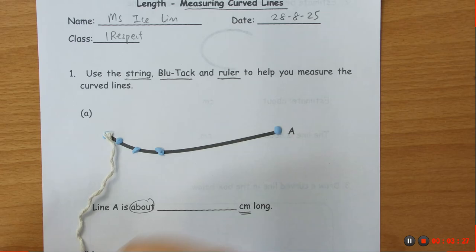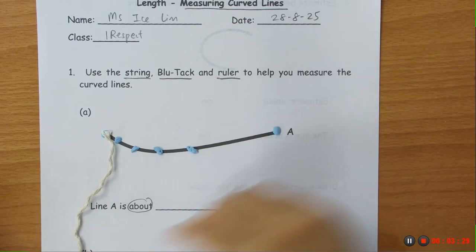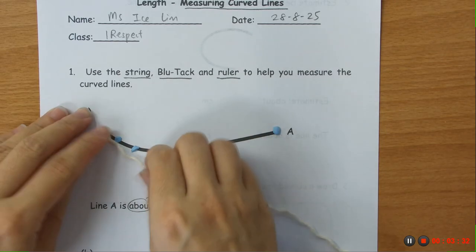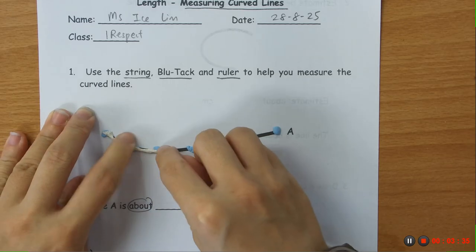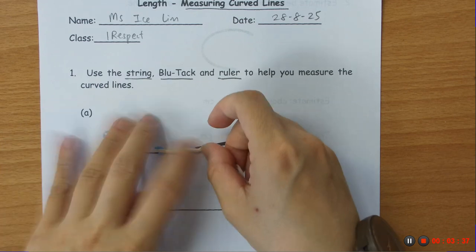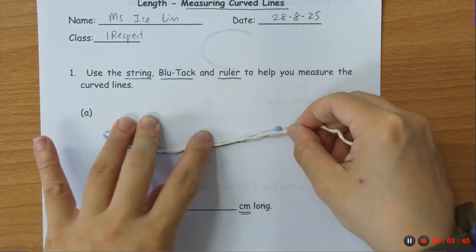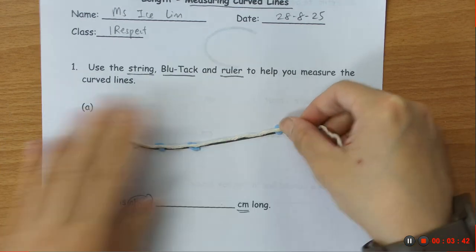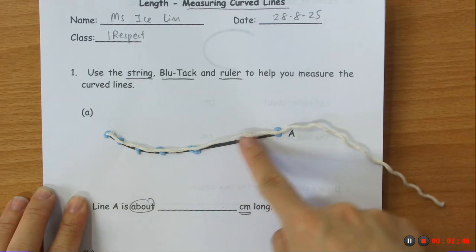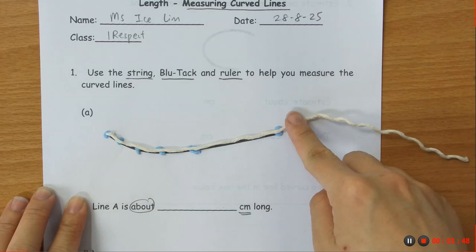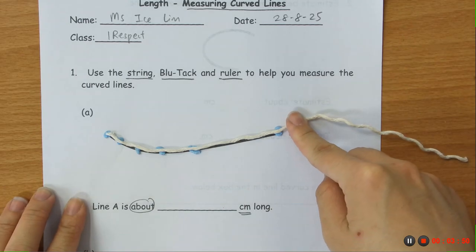So I can have a few points in the middle to see how I can curl my string up to match the one here. Yay, okay, I match my string with the curved line A. Can you see that?